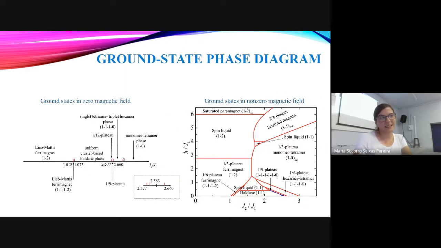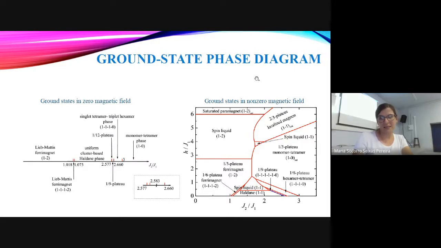And here is already a ground state phase diagram in zero and non-zero magnetic field. Interestingly, the ground state phase diagram in zero magnetic field is rich in unconventional ground states, as for example, two ferrimagnetic states of Lieb-lattice type, then uniform cluster-based Haldane phase, then uniform Haldane phase, then three cluster-based Haldane phases, and monomer-tetramer phase.